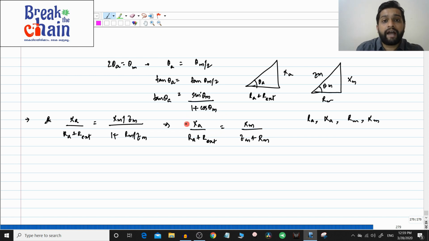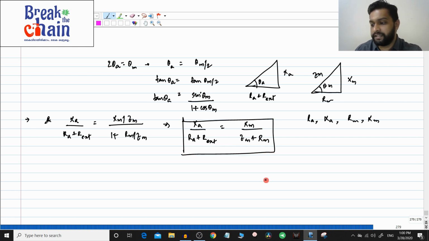So, at what R external value will you get maximum torque at the starting condition? If somebody asks you this question, you just have to use this relation here, right? This equation, if you want, we can simplify a little bit more, but I don't think it is necessary. All you have to actually remember is this particular condition here. Once you remember this particular condition, the rest you can easily solve mathematically.